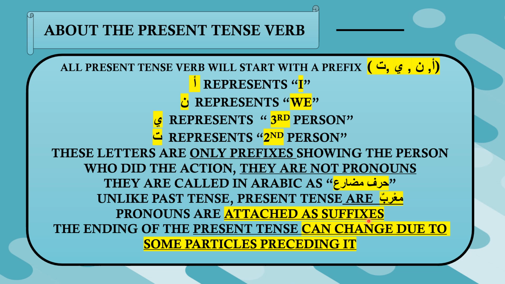Then in the anti, we have the ya mukhatiba. Antuma, we have the alif muthanna. Antum, we have waw jama. Antunna, we have the noon niswa. From the ghaibs, from huwa and hiya, we have another two hidden pronouns. So that counts as 5 hidden pronouns in present tense.